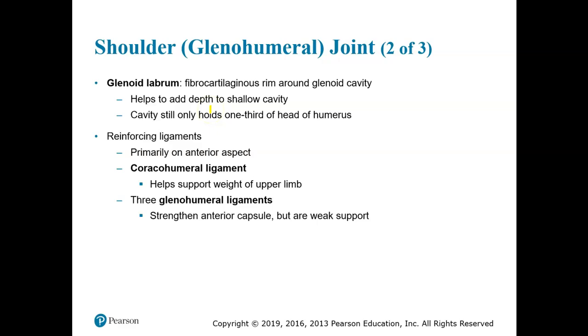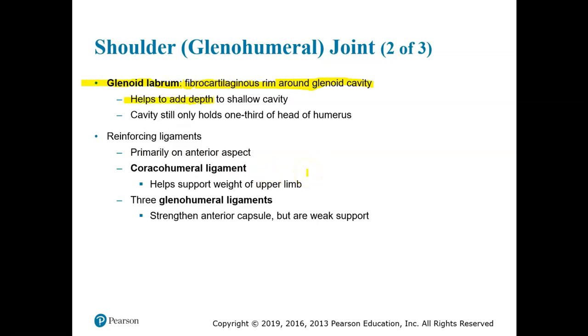It makes it deeper. So that's the purpose of the glenoid labrum, which means lip. It's a fibrocartilaginous rim around the glenoid cavity that helps add depth to that cavity.